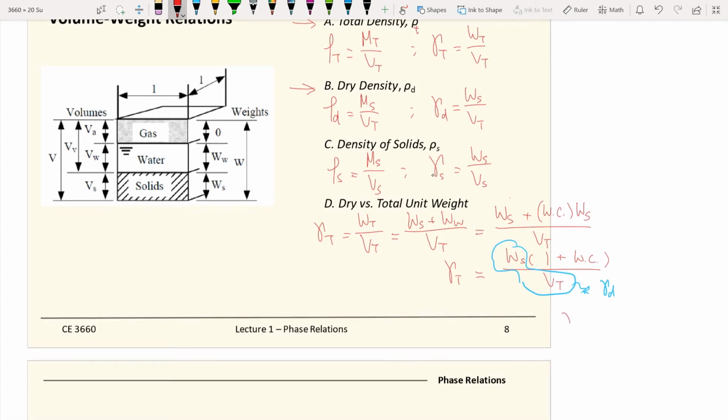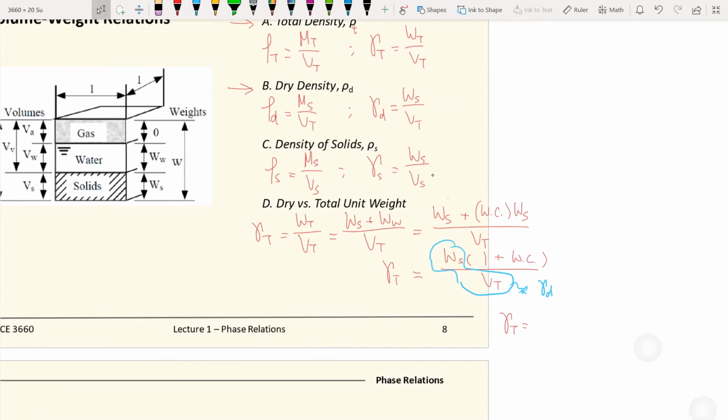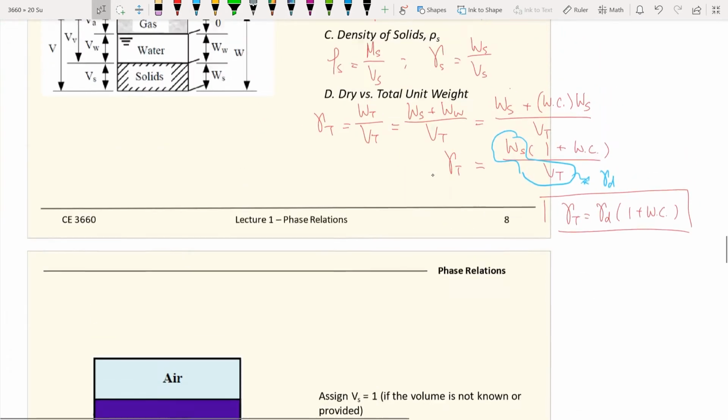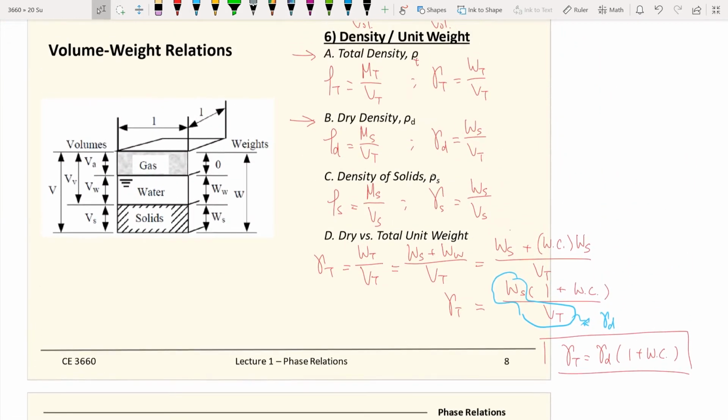So the total unit weight will be equal to the dry unit weight times 1 plus the water content. So that's the terminology for the density.